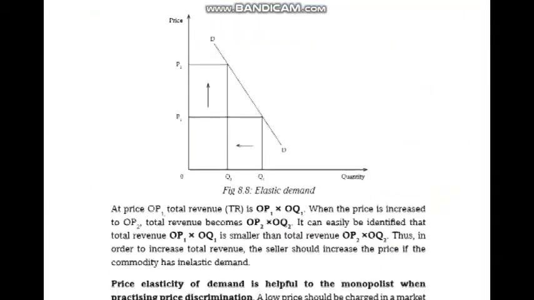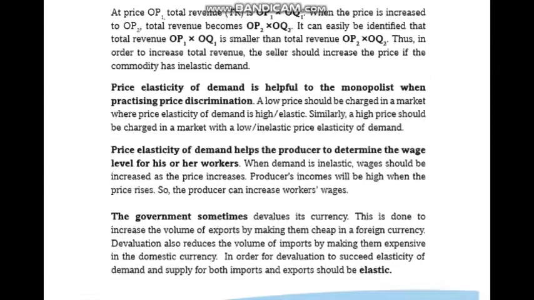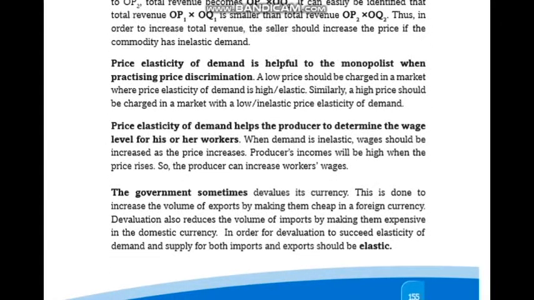Price elasticity of demand is also helpful to the monopolist when practicing price discrimination. A monopoly market is one where a person is selling alone, with no other seller in the market.